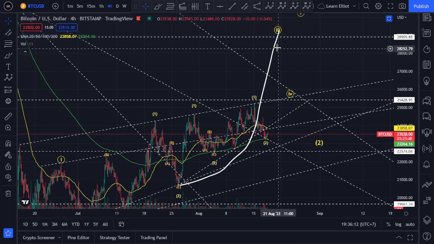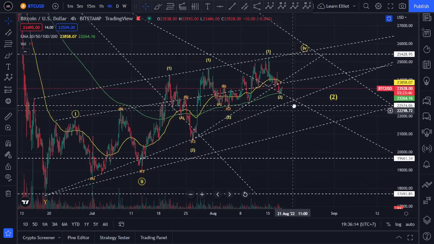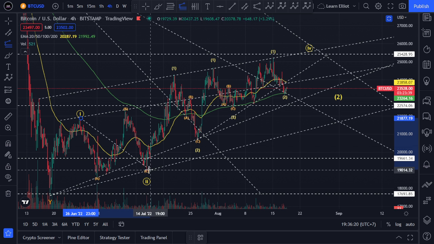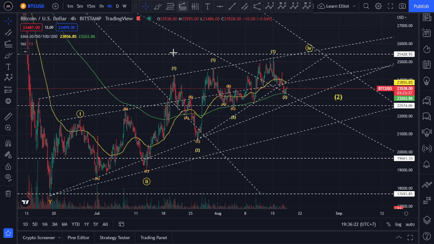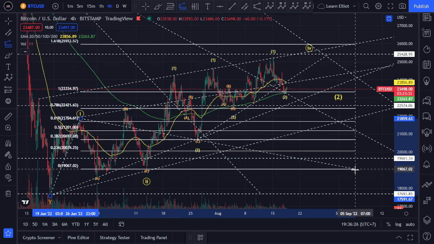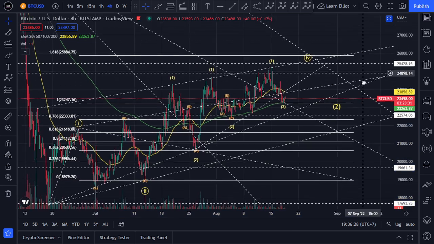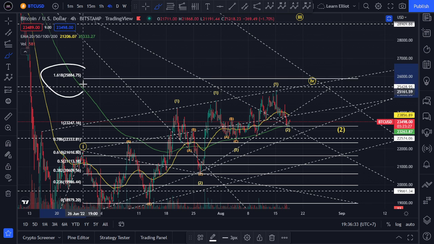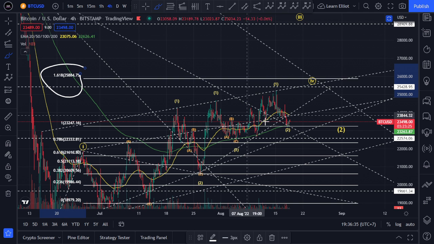As I told you before, this third wave is around the 161 Fibonacci retracement, which I calculated from the bottom here to the first wave and to the second wave, which will give us somewhere around 25,800 or the 1.618 Fibonacci retracement.